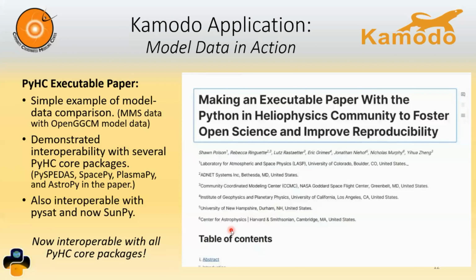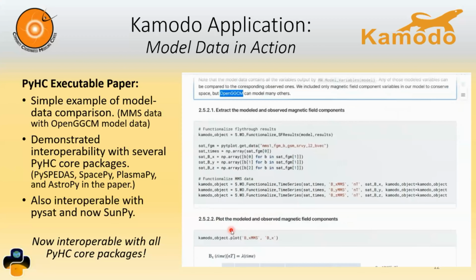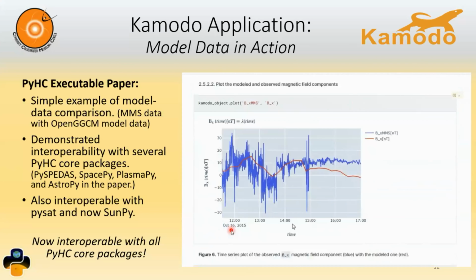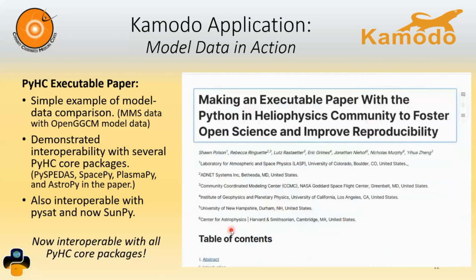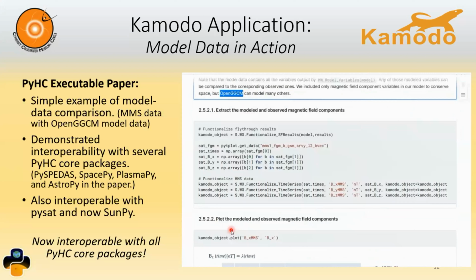Right. So shifting gears once more, I'm going to show a couple examples of Komodo in action. So we've partnered with several of the core packages to demonstrate not only interoperability of Komodo with those packages, but also how these packages can be used together to answer a science question.